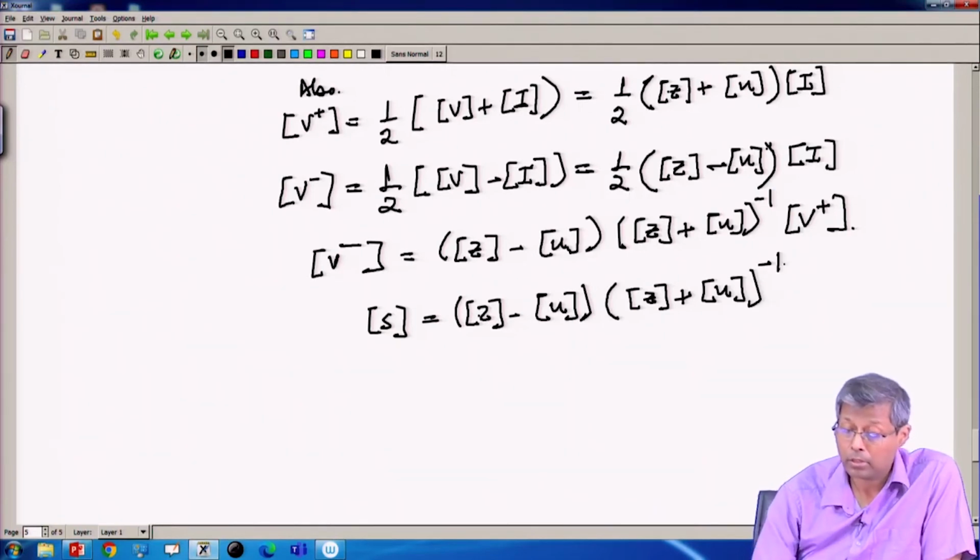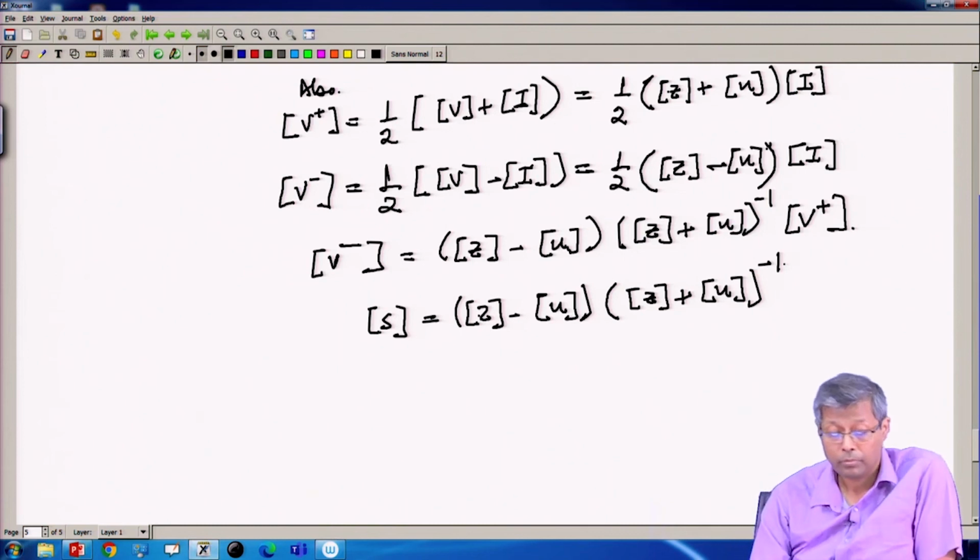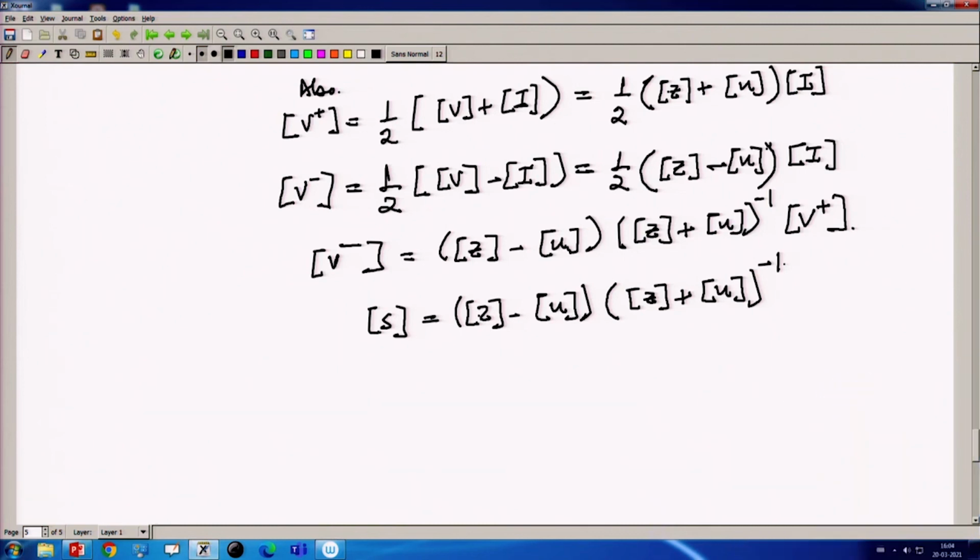So, we can write the S matrix as this. That is very clear from here. So, we call this equation 2.